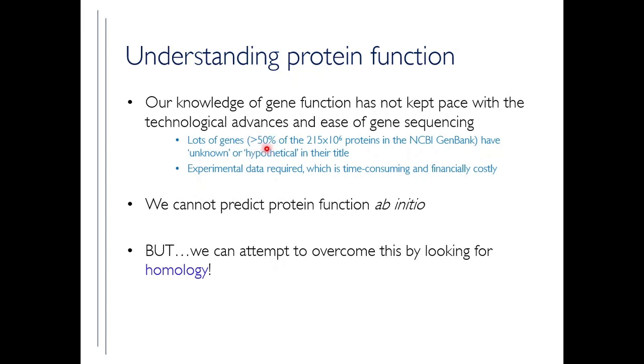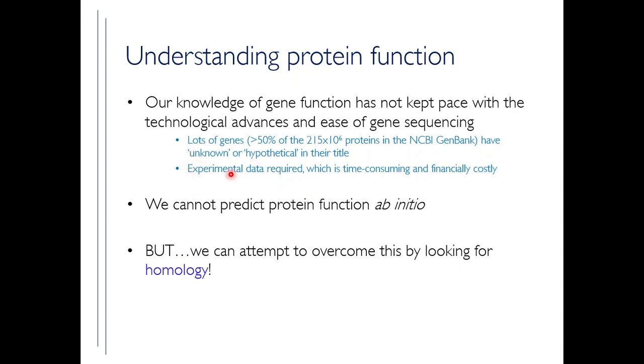So you'll notice that more than 50% of the proteins, and there are a lot, 215 million in this particular database, have the words unknown or hypothetical in their title, meaning it's potentially a protein, and this is what the protein might look like, but we have no idea what it does or even if it's actually translated.